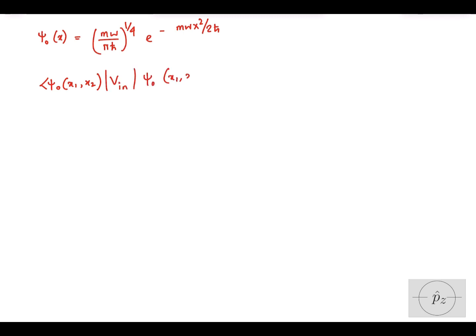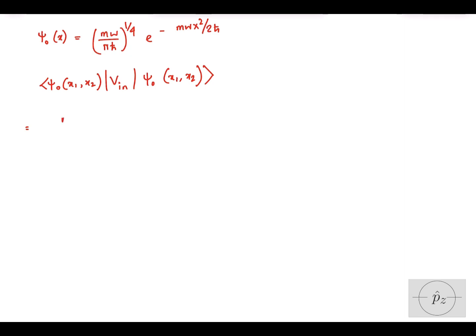We recall that the ground state wave function of a particle under the harmonic oscillator potential is given by (m omega by pi h bar) to the power 1 by 4, e to the power minus m omega x squared divided by 2 h bar. Let us find the correction to the energy of the ground state, which is given by psi 0 of x1 x2, the interaction, times psi 0 of x1 x2.